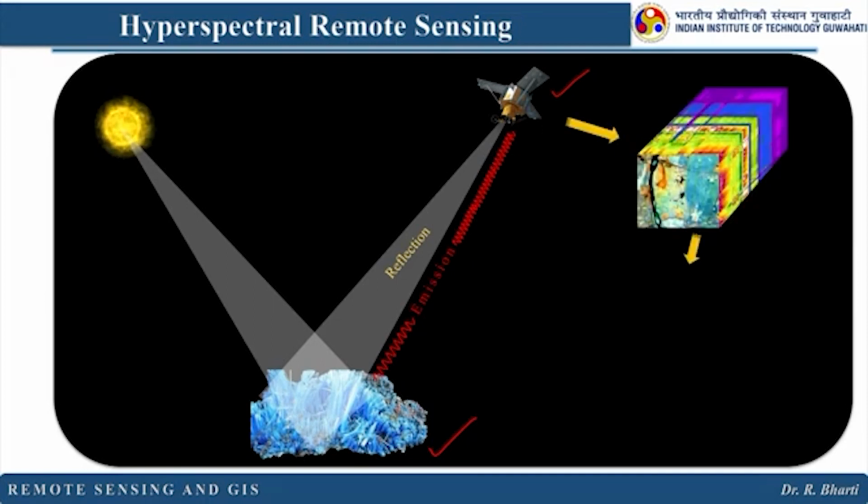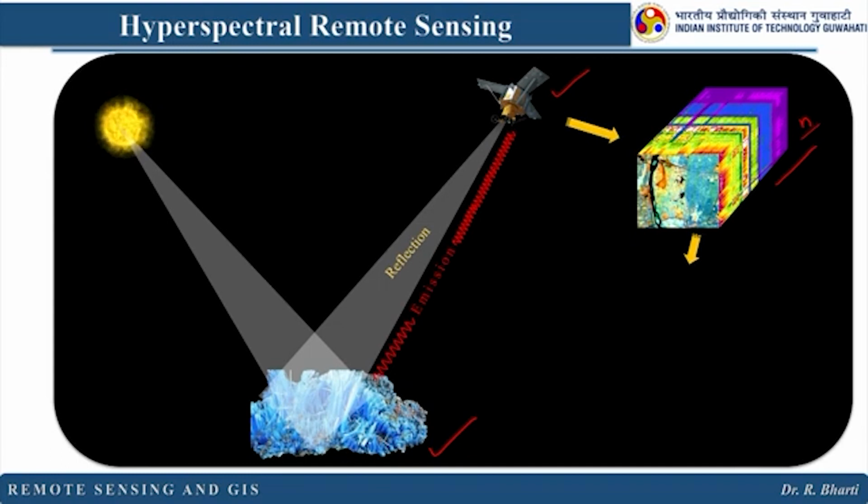So, here this is the way we represent our hypercube, meaning the hyperspectral data cube. Why are we saying cube? Because this looks like a cube and here you have n number of bands depending upon the satellite or sensor specification.